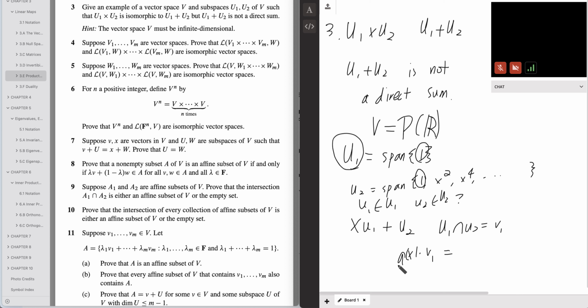well, what if you can, oh shoot, okay. Because you're looking for an isomorphism which is a linear map, then you're destined to have some polynomial multiple of u1 plus another polynomial multiple of u2. So let's say this, right?